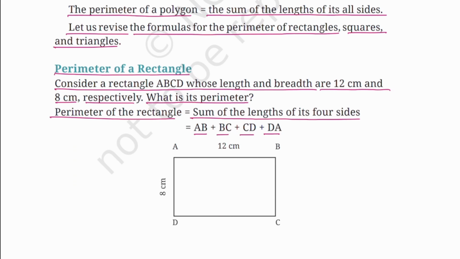You can see a rectangle named ABCD. In this figure, AB is equal to CD and DA is equal to BC. Perimeter will be the sum of all its four sides.